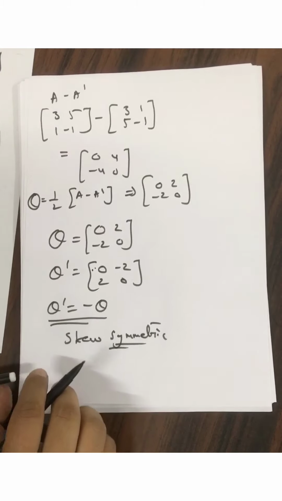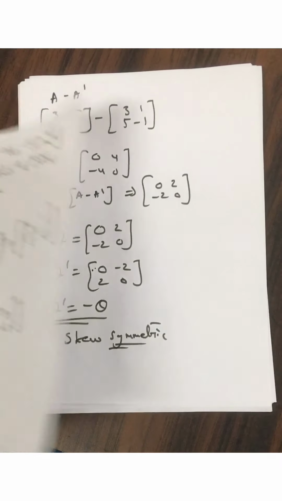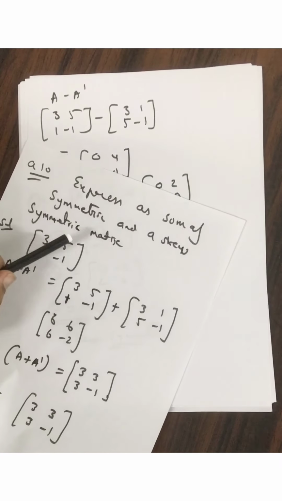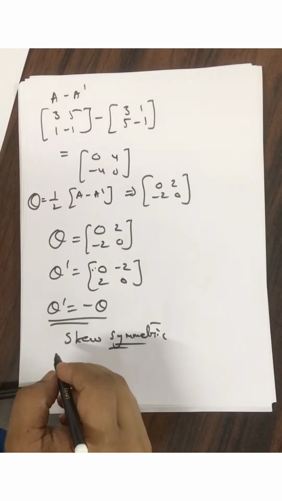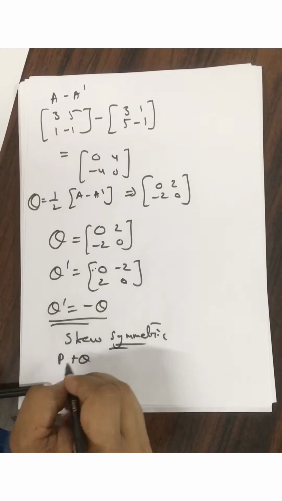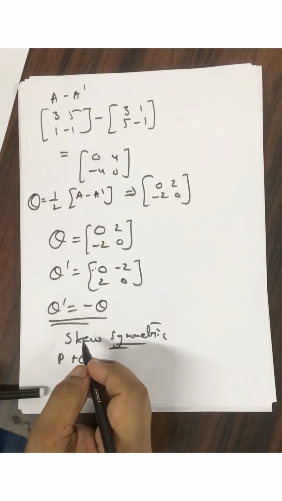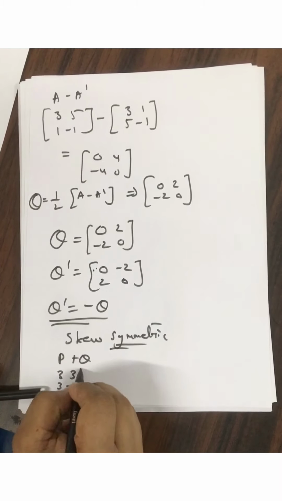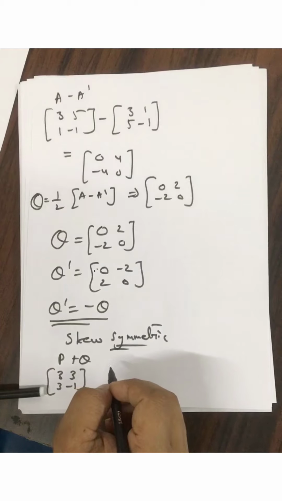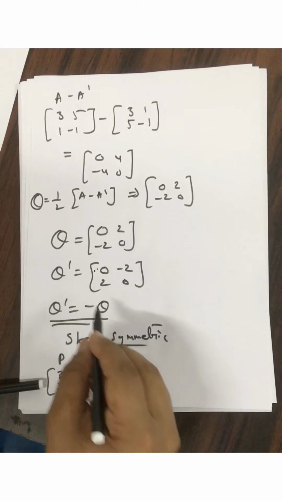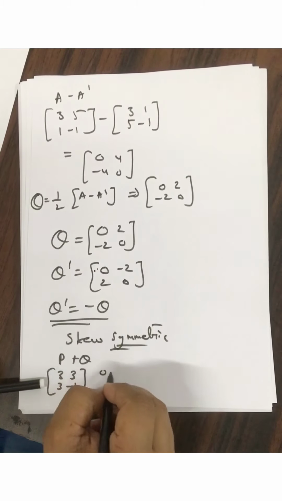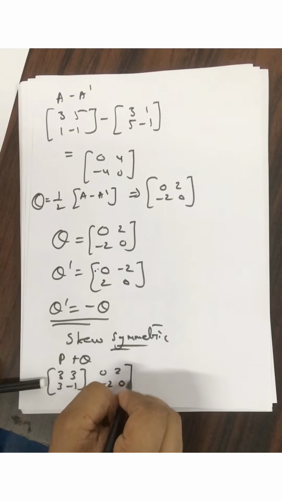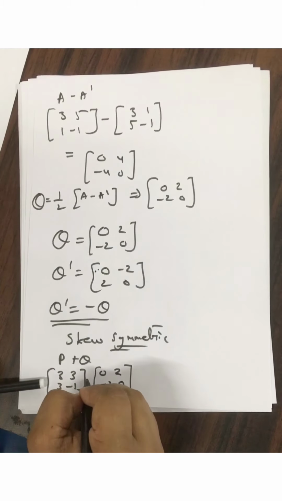Now, in the question, we were supposed to find it as a sum of symmetric and skew symmetric matrix. So we'll add up these two. P plus Q. What was P? P was 3, 3, 3, minus 1. And Q was 0, 2, minus 2, 0. Add up.